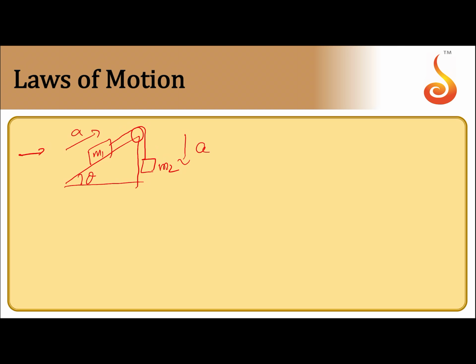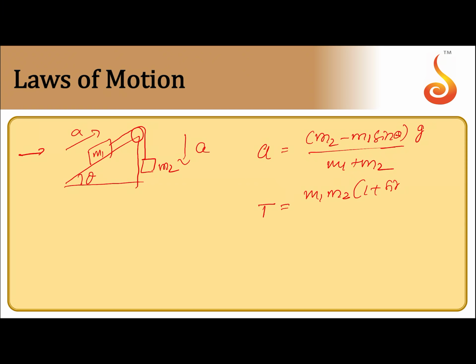Now for this setup, the acceleration A is equal to (M2 minus M1 sine theta) into G whole divided by (M1 plus M2), and the tension T is equal to M1 M2 G (1 plus sine theta) divided by (M1 plus M2).